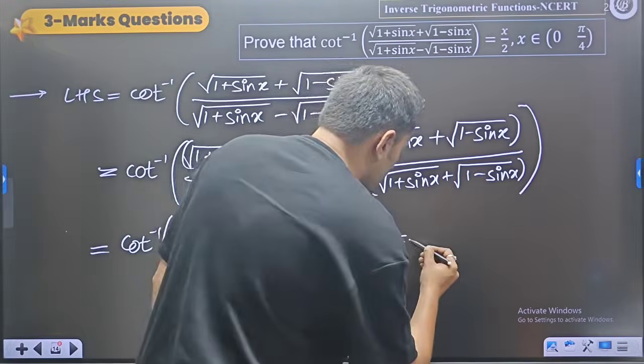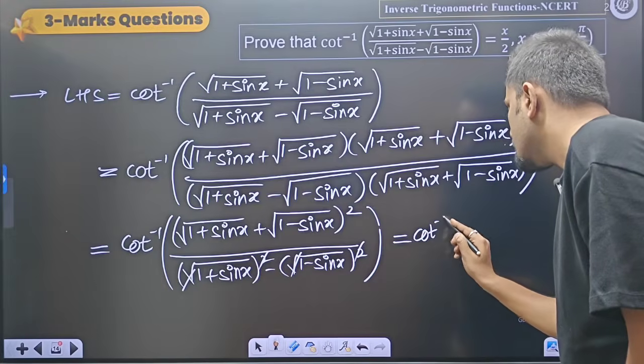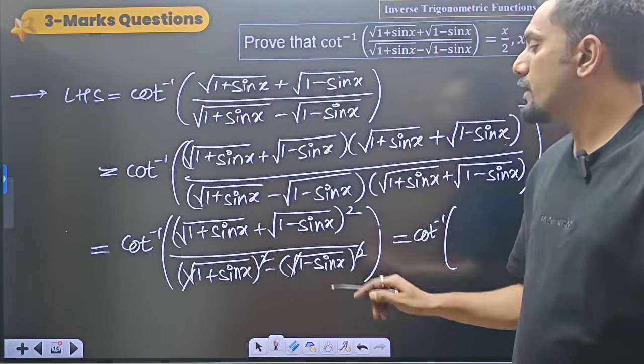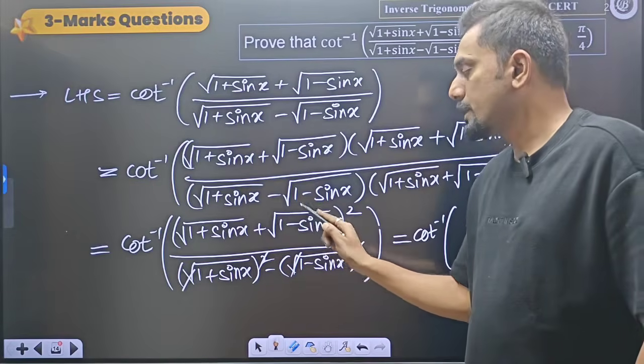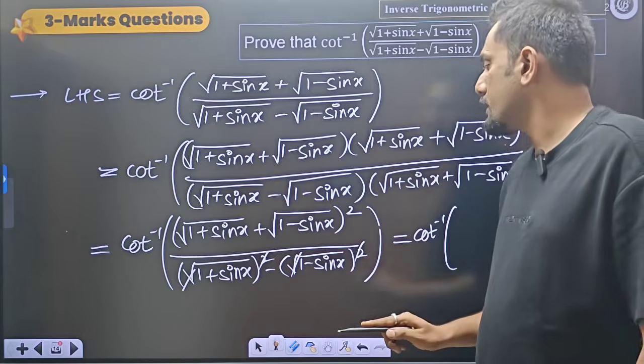This I will further write as cot inverse of a plus b whole square, which is a square plus b square plus 2 times ab, right?